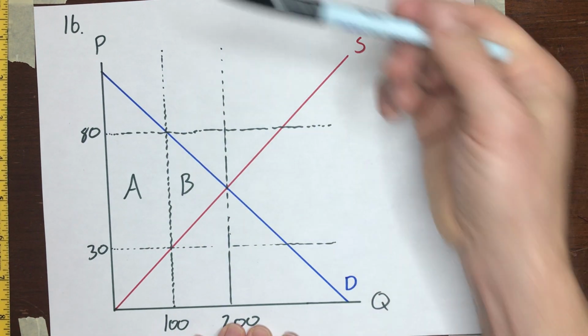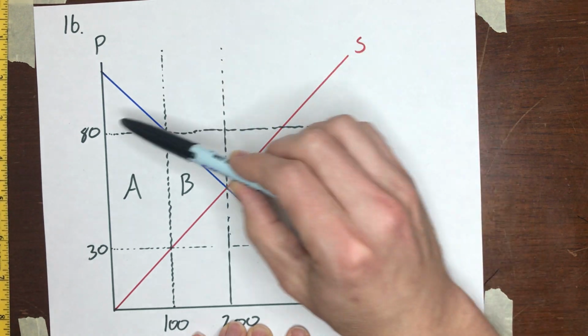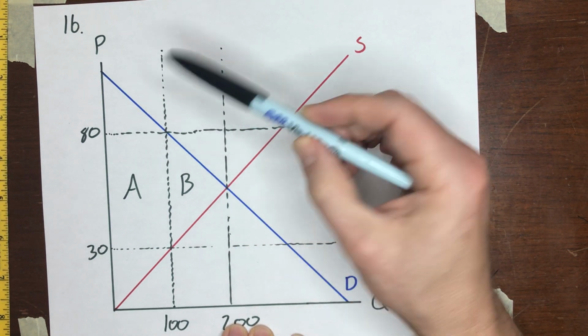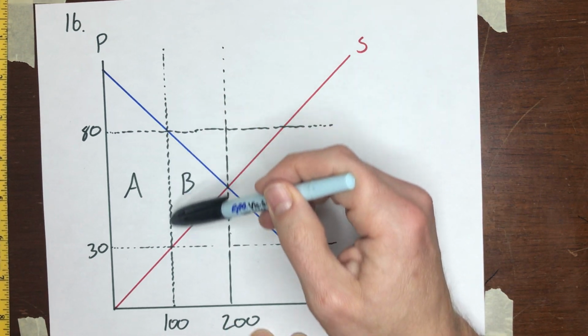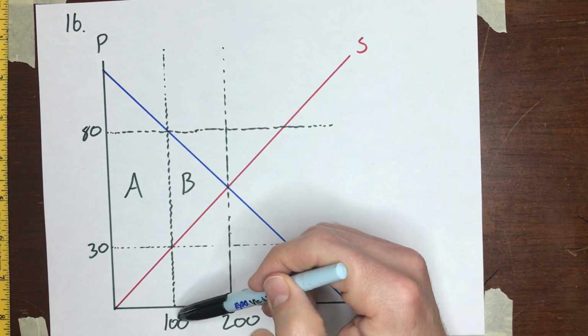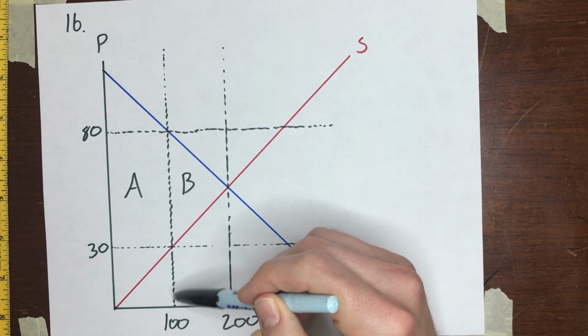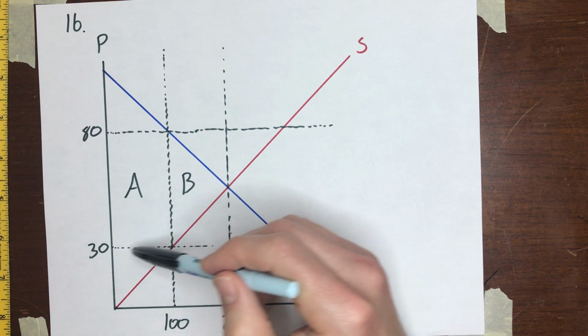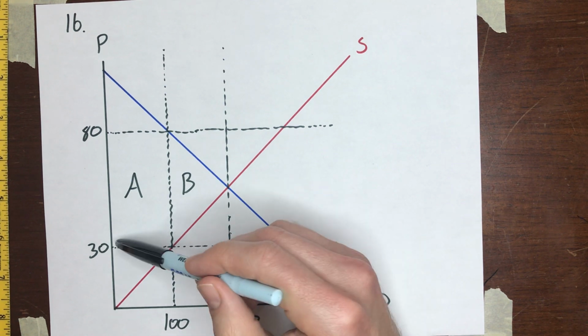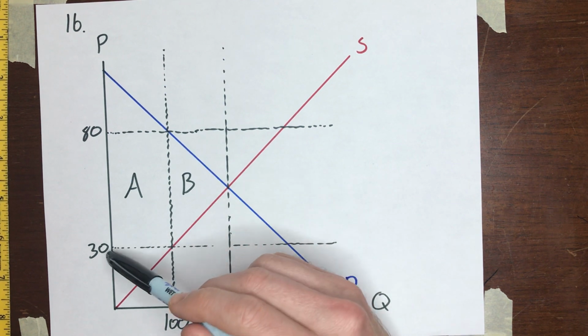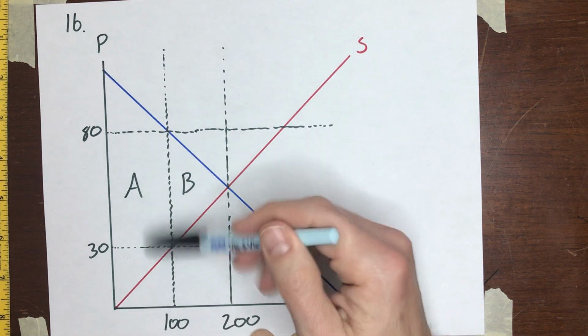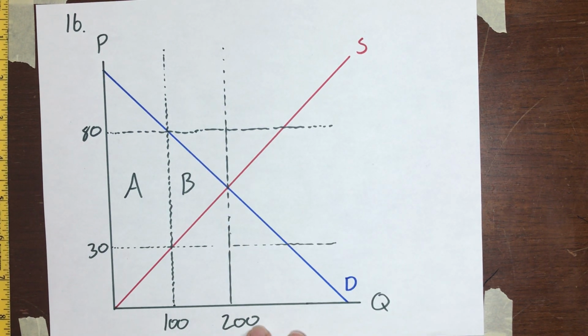On the other hand, if it is a price floor of $80, now it is the buyers who would purchase no more than 100 units. And so if you take those 100 units, plug it into the supply curve, you'll find that the willingness to accept for that 100th seller is $30. So either way, you're going to get exactly the same graph.